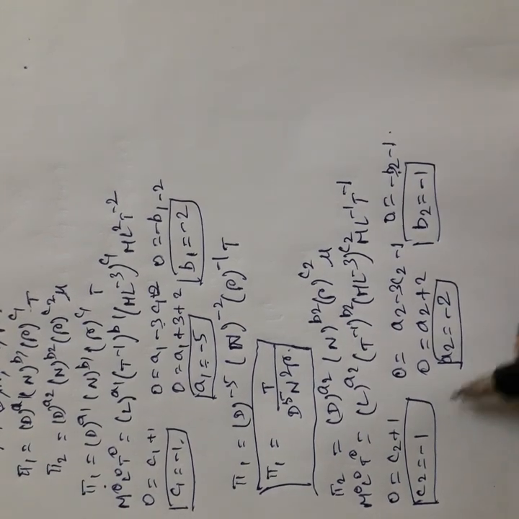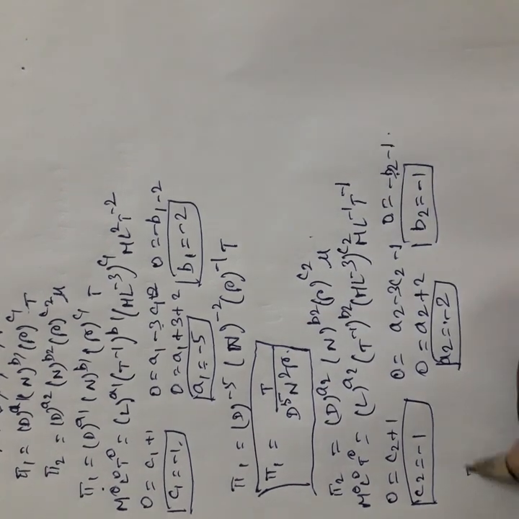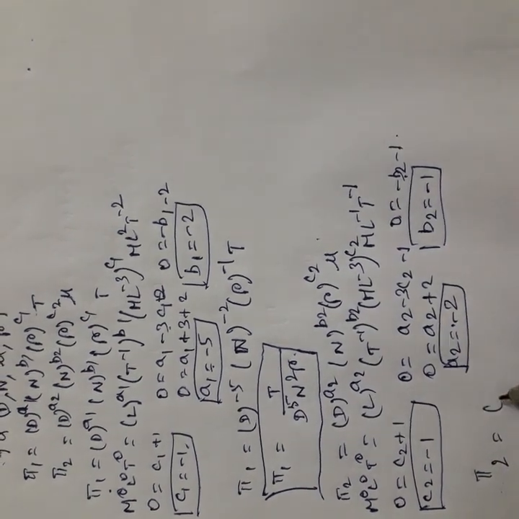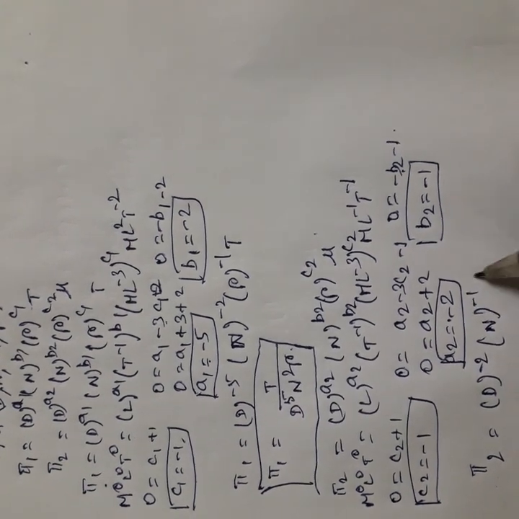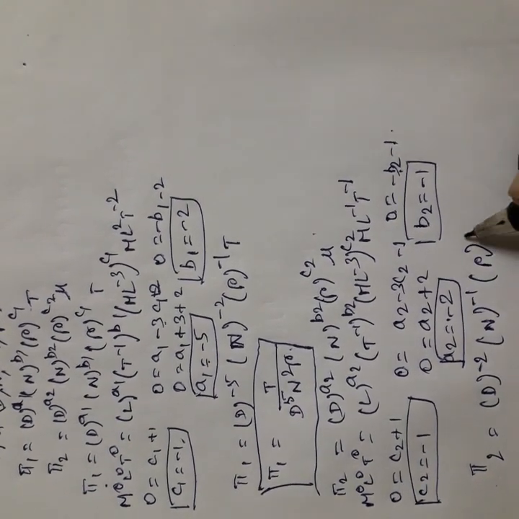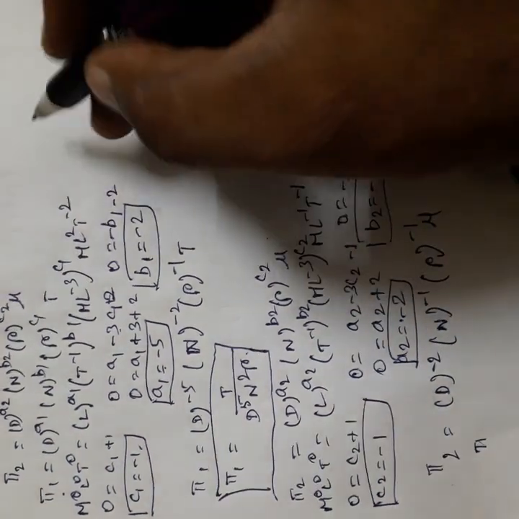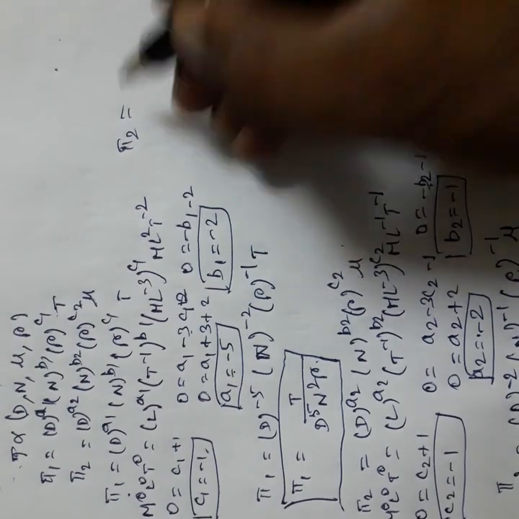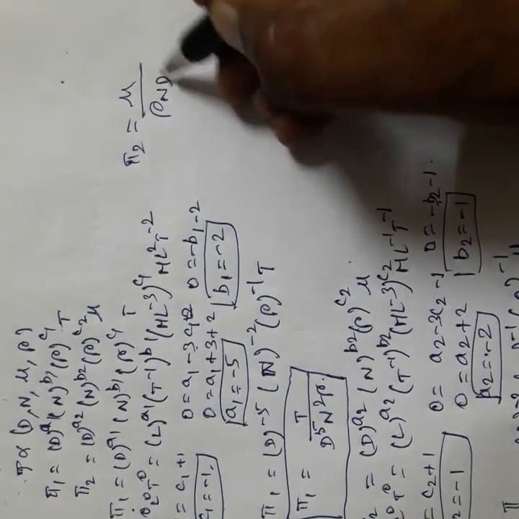Now I am going to use a2, b2 and c2 in these values. So pi 2 is equal to d^-2, n^-1, rho^-1 and mu. So pi 2 can be written as mu by rho n d^2.